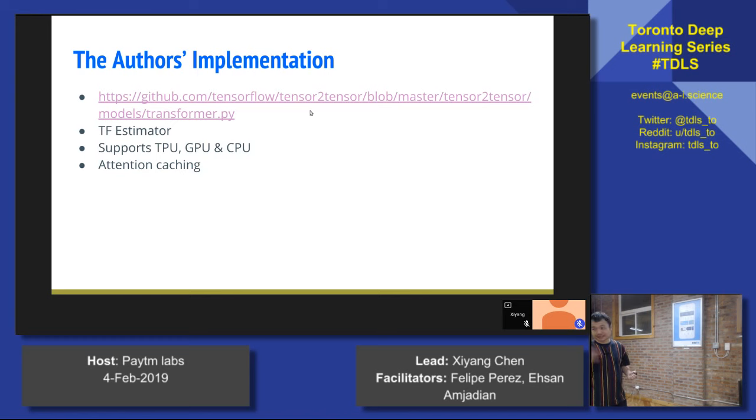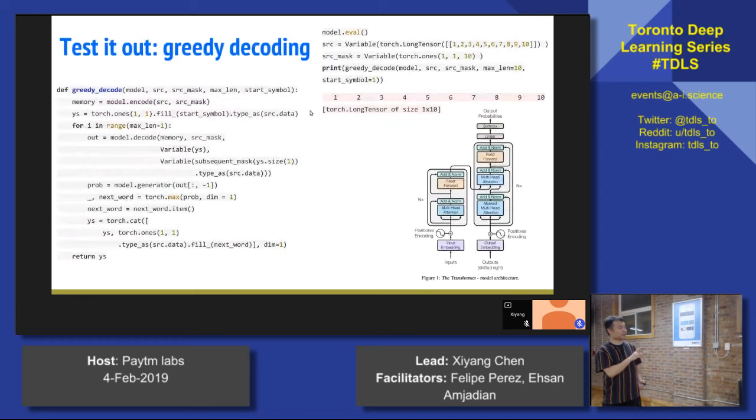From what I gleaned from the code, they support 3 modes: TPU, GPU, CPU. They actually have if TPU do this, otherwise if GPU do this, otherwise do that. And then they cache the computation of the attention map. Maybe there are some parts where caching makes sense, but I haven't quite figured out which part.